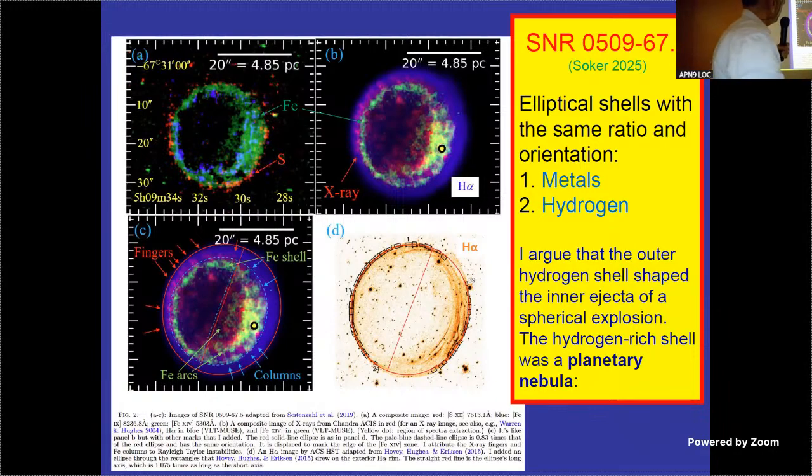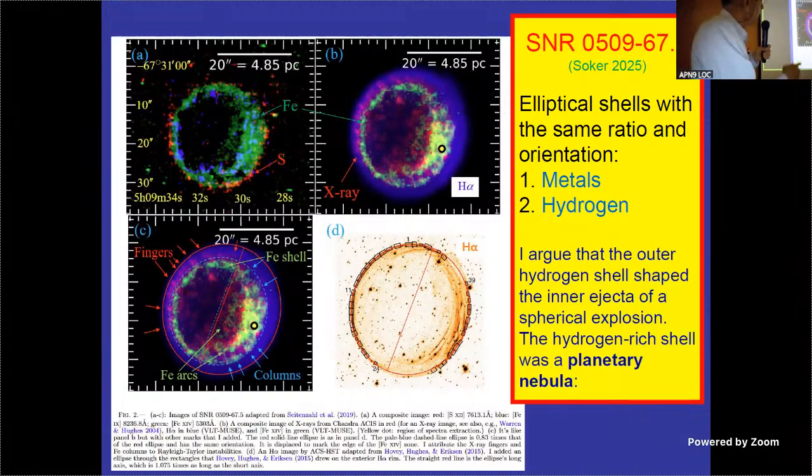I would like to point out that when a white dwarf explodes, it doesn't have hydrogen. This is the definition of type 1a: no hydrogen, but other elements, lots of iron, half a solar mass or more of iron is formed. And here in this planetary nebula, which is elliptical with some structure inside, there is lots of hydrogen around it, so it is interacting with hydrogen.